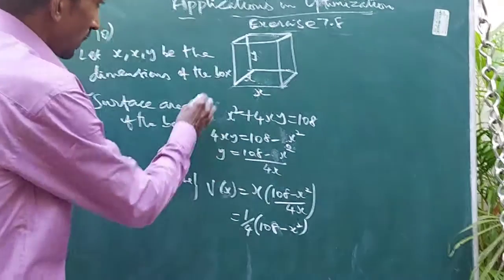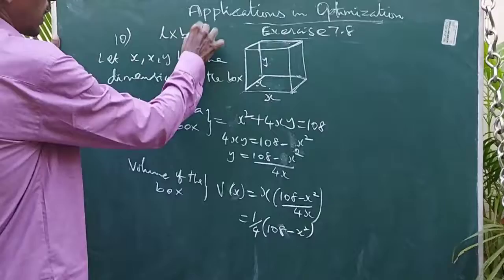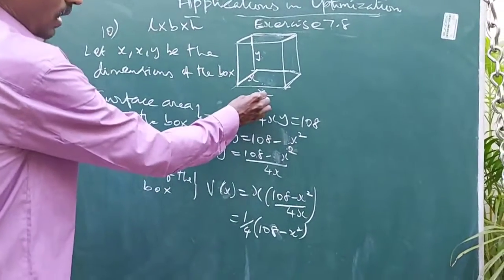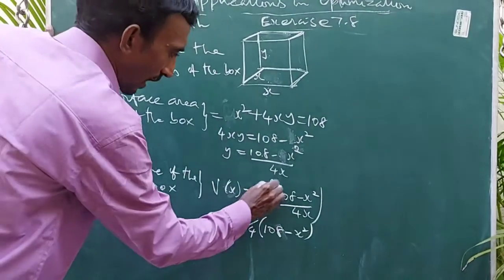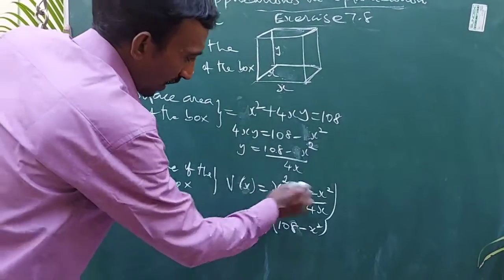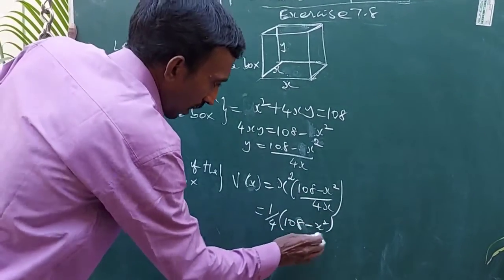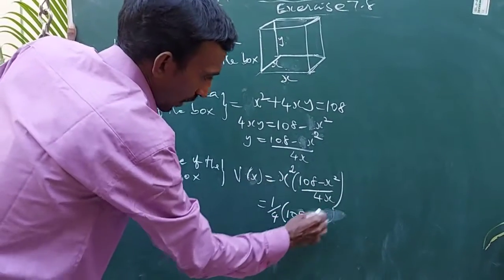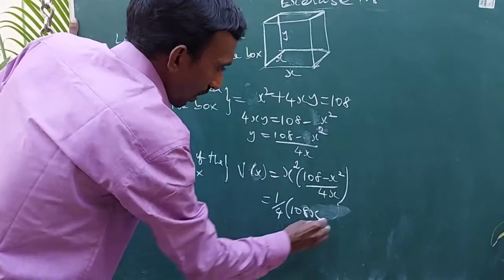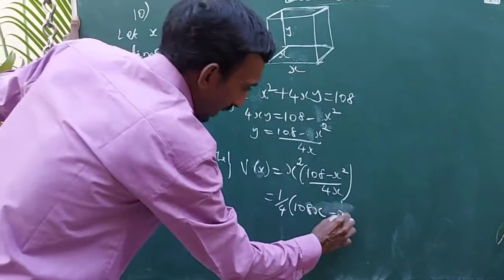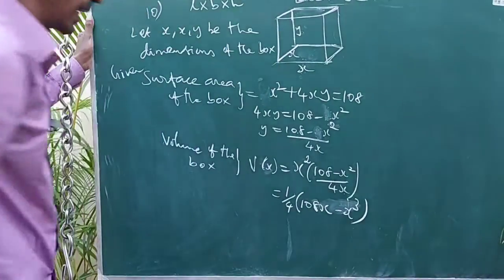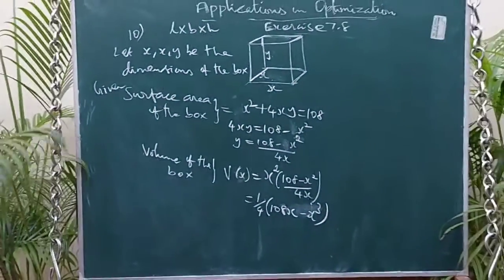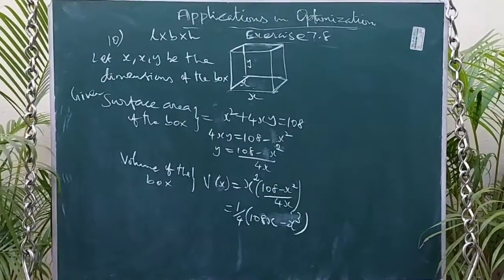So volume is L into B into H, so x square y. If you are multiplying inside, one x cancels, and we are getting 1 by 4 into 108 x square by x, which is 108x, minus x power 4 by x, which is x cube. So we are getting V of x equal to 1 by 4 into 108x minus x cube.